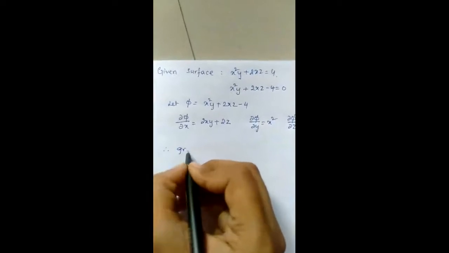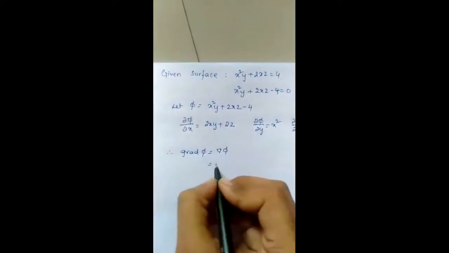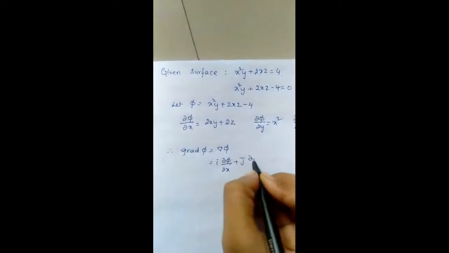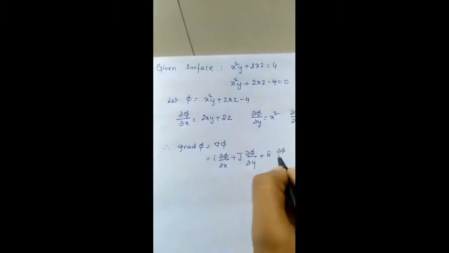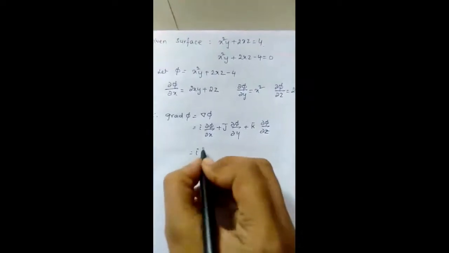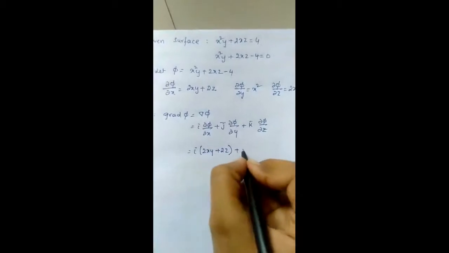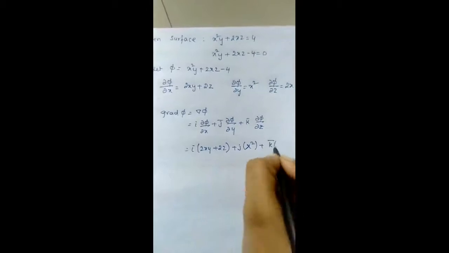Therefore grad phi is i dou phi by dou x plus j dou phi by dou y plus k dou phi by dou z, that is i bar 2xy plus 2z plus j bar x square plus k bar 2x.